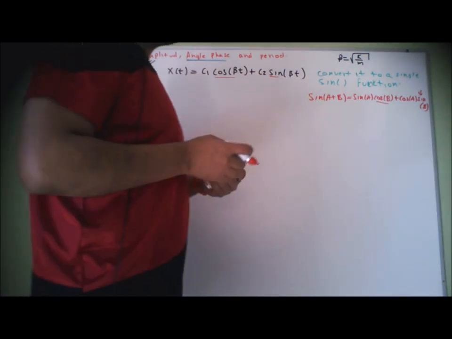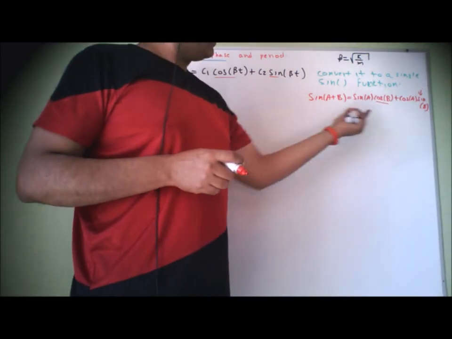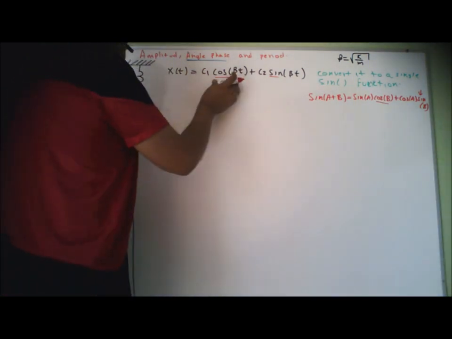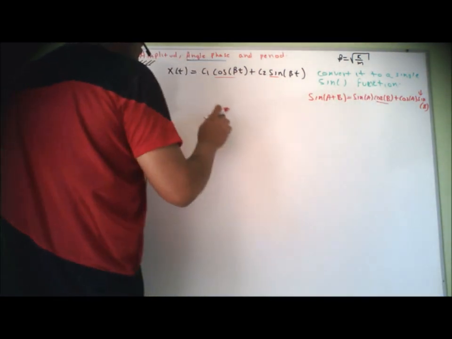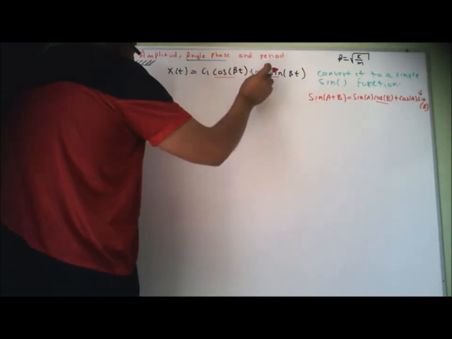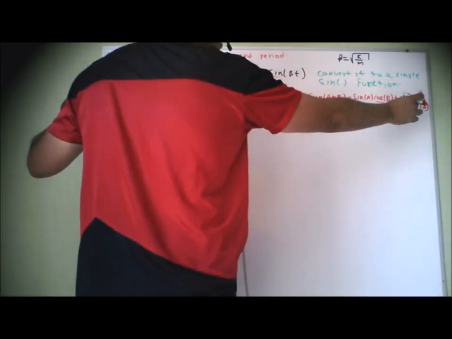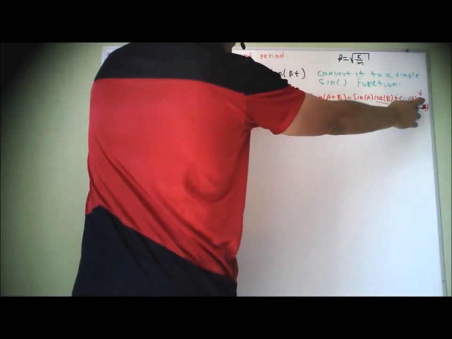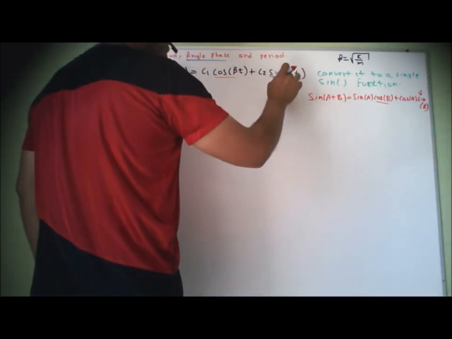What we are going to propose is to convert this into a single sine. In order to do so, I need this C1 to become the sine, and I need this C2 to become the cosine. Okay, so the B is actually beta t.